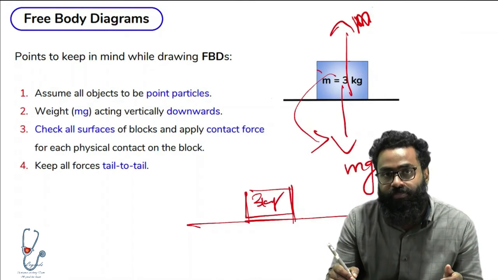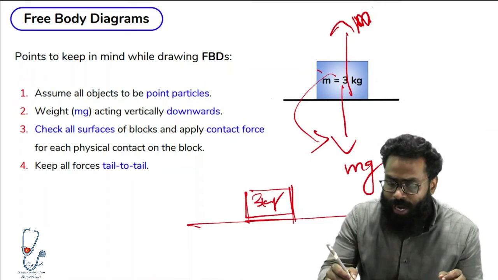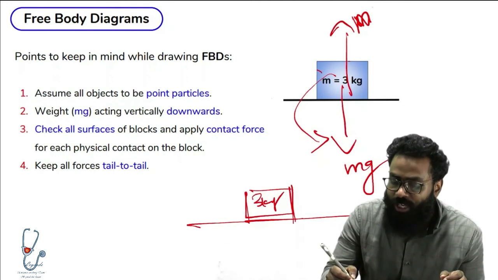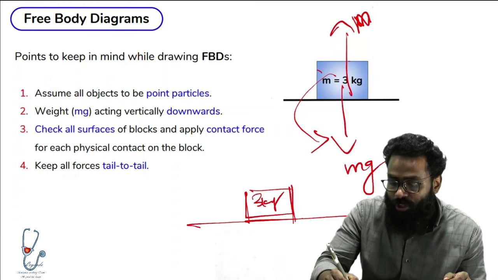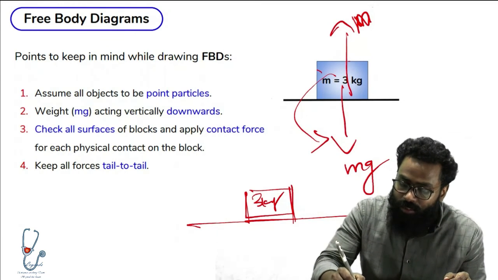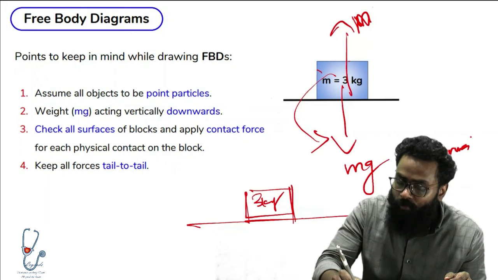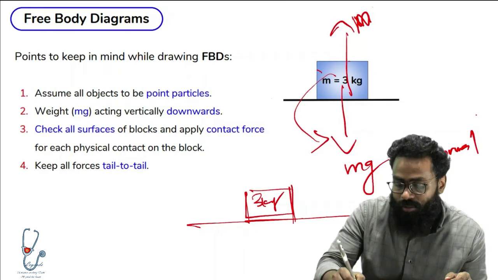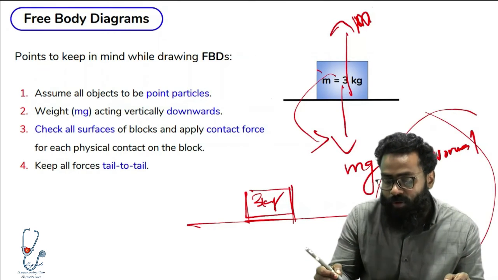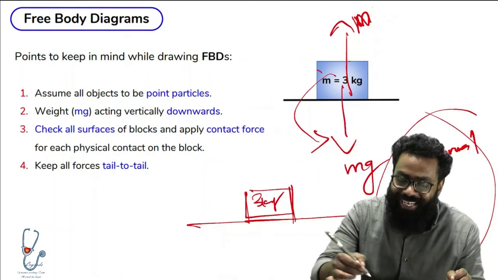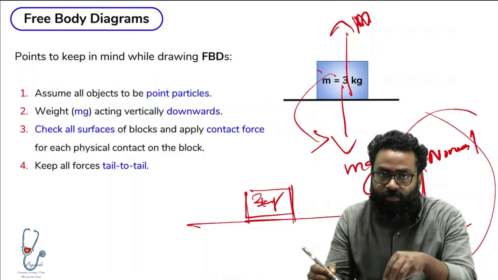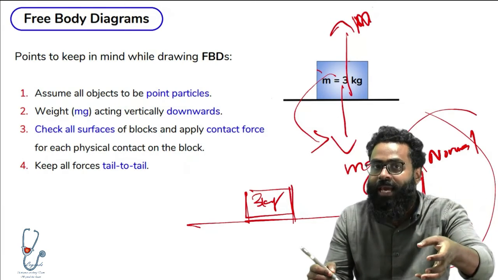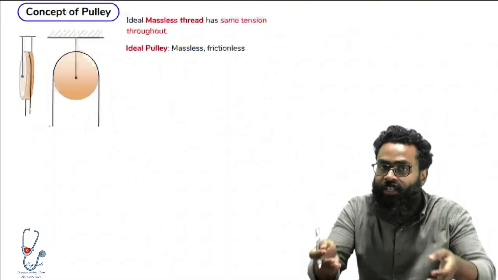Drawing the free body diagram in this picture, there will be a force mg acting vertically downwards, and a normal force, a normal reaction, acting upward. This is simply the free body diagram of this figure. Okay, clear that? And we have discussed a simple method, and we will discuss another way later.